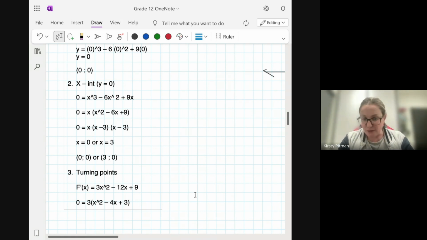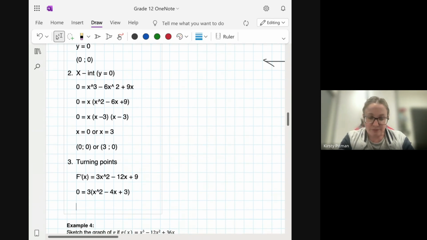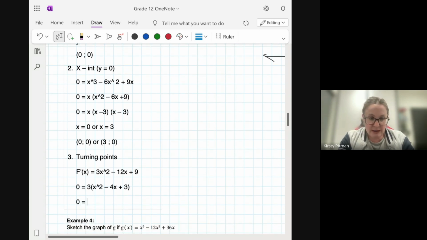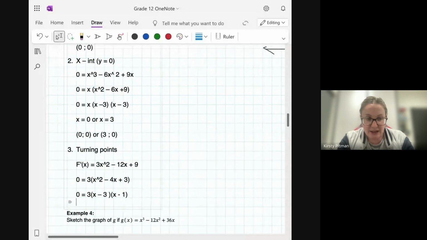So I've got 0 equals 3, open brackets, x minus 3, and x minus 1. I factorized it, and that's what I got. So therefore I have x equals 3 or x equals 1.